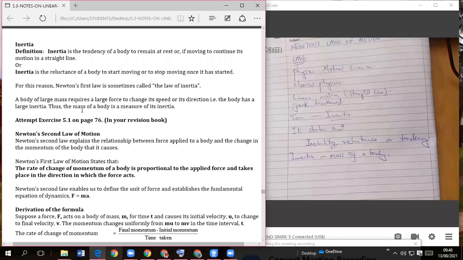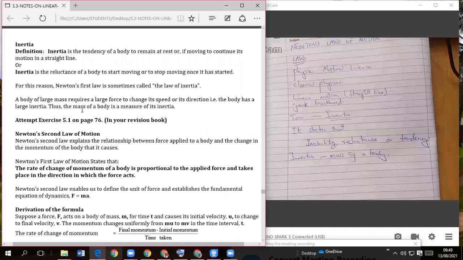Can you? No. For you to carry it, you need a lot of force, not so? Because the cement has a large mass, which means its inability to move is very high. It will remain at rest.